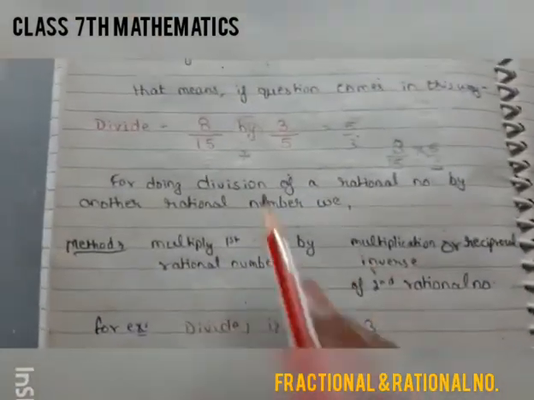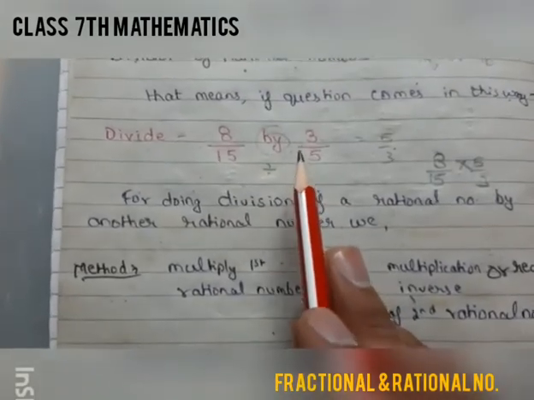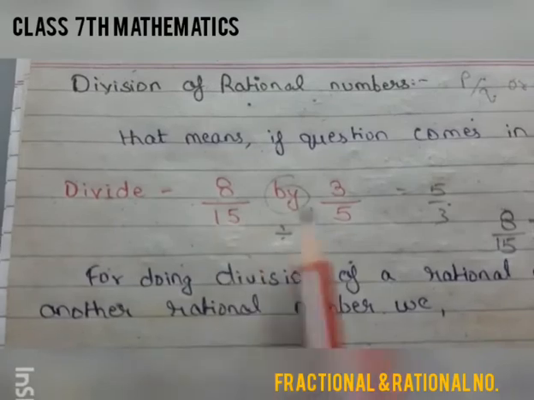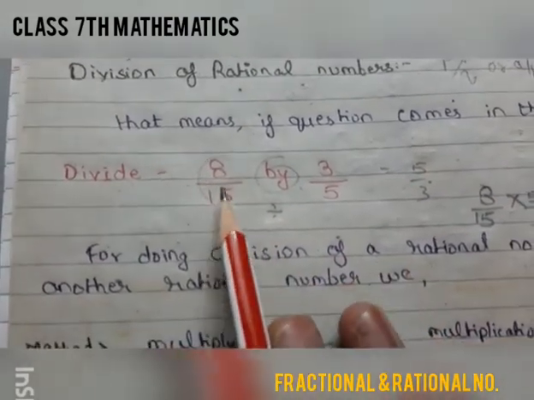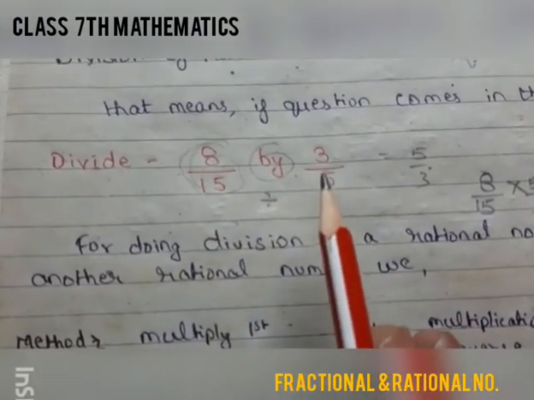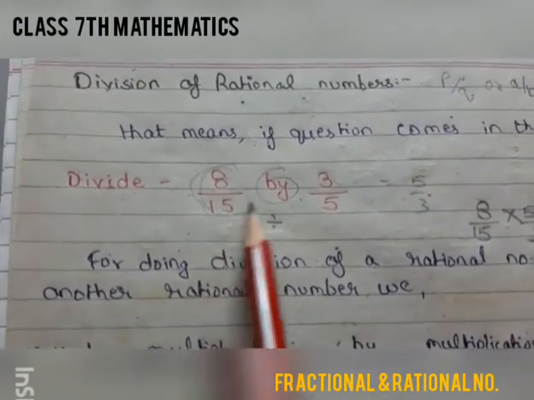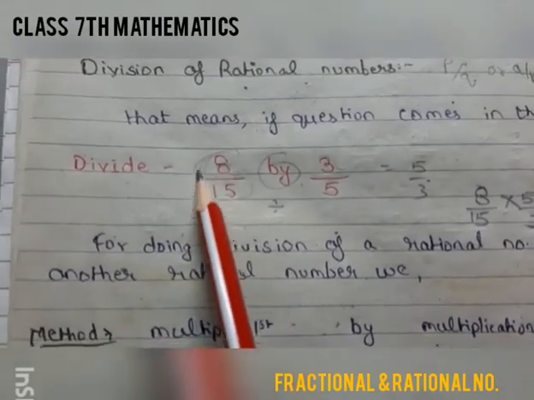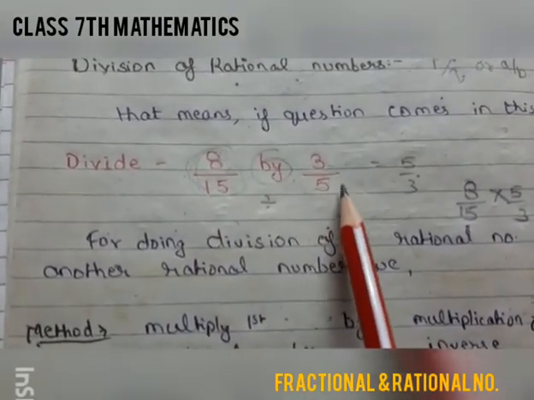Once again I am telling you, if you need to divide any two rational numbers, please pay attention, the simple format is to multiply the first rational number by the reciprocal of the second rational number always. Once again I am repeating, when you need to divide any two rational numbers, always multiply the first rational number into the reciprocal of the second rational number.